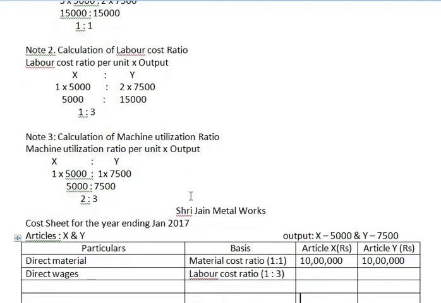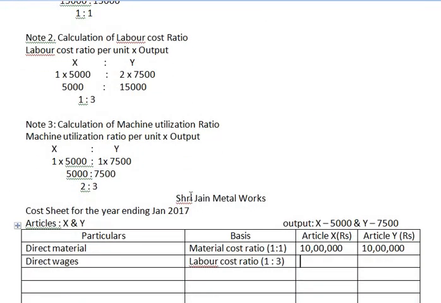Now divide this into 1:3 ratio, right? So it will be 1 lakh and this is 3 lakh. Now go through the problem.